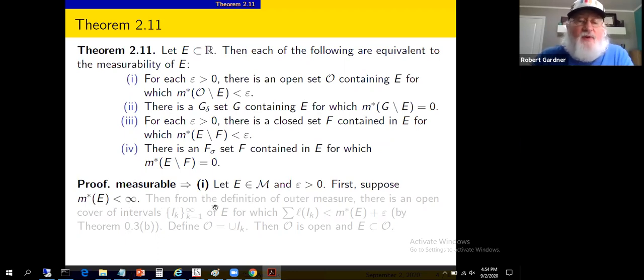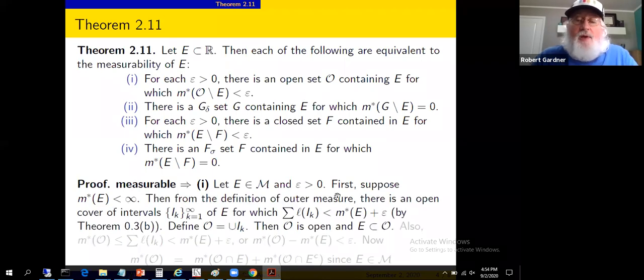Okay, if E has finite measure, then from the definition of outer measure, there's an open cover of intervals, I sub k, a countable collection of intervals, such that these intervals cover set E and the sums of their lengths is less than the outer measure of E plus epsilon. The outer measure of E is defined as an inf of all sums of this sort, all real numbers that result from a sum of this sort.